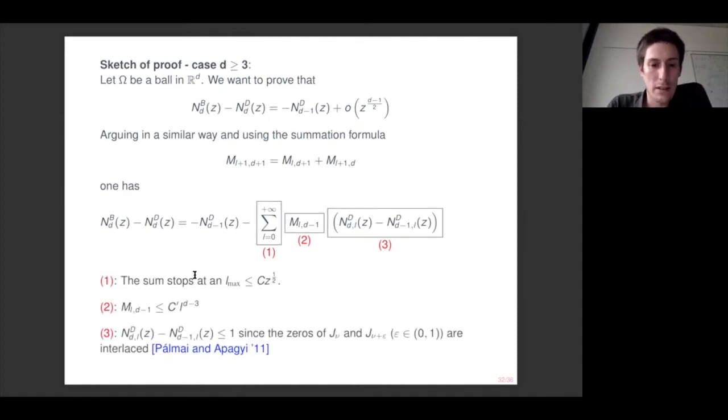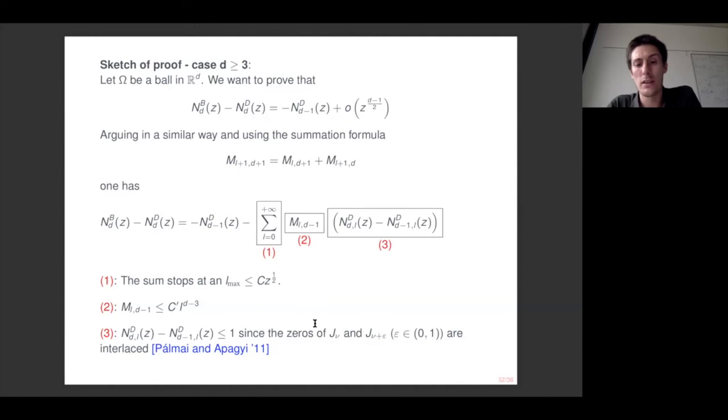And we have done these 3 steps. First, by showing that this sum stops at an L max, which can be bounded by the square root of z. Also, it is seen from the explicit formulas for the multiplicities that they can be upper bounded by L to the power d minus 3. And finally, the difference between these two counting functions can be estimated to be never bigger than 1.